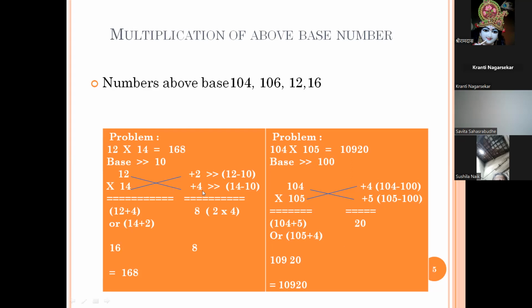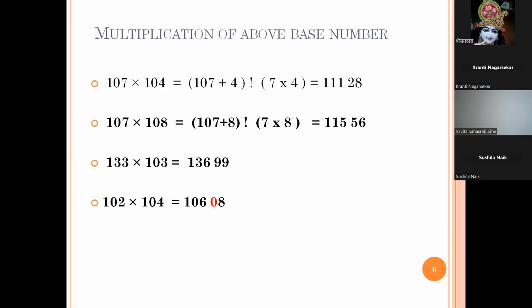Same technique, only now we are considering numbers above the base, a little ahead of the base number. Is this clear? Yes, clear. Okay.